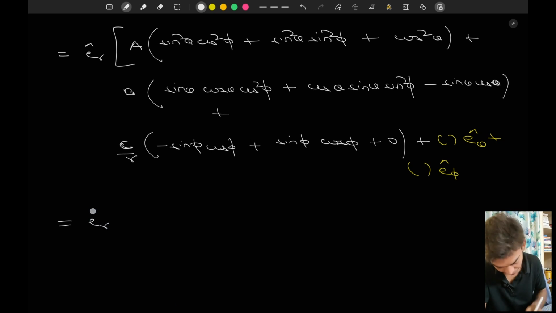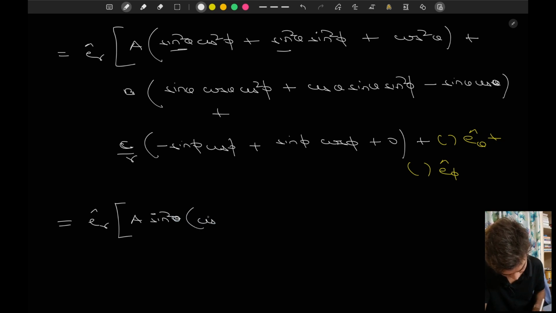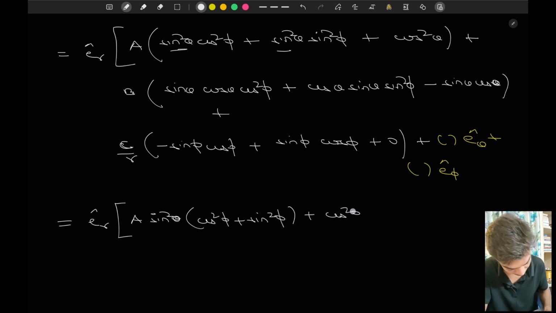Anyway, let's just collect the e_r terms. So we have a. From here I can take sin square theta common. Then I have cos square phi plus sin square phi plus cos square theta, right?